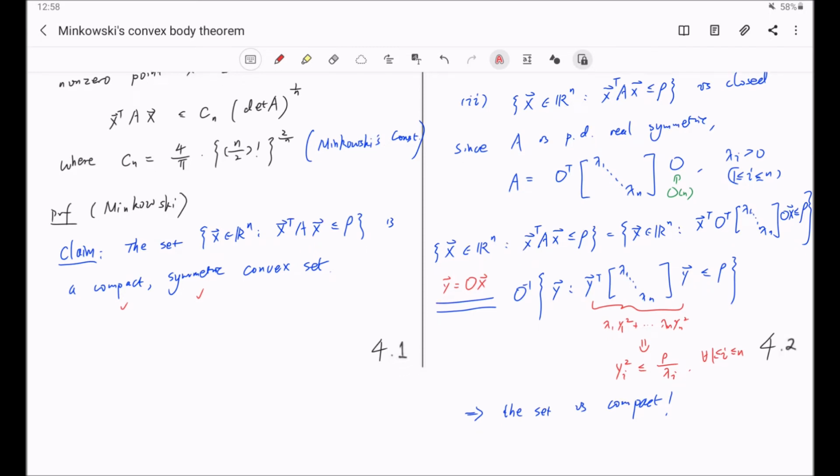And to this end, we are going to use this relation that we just derived.